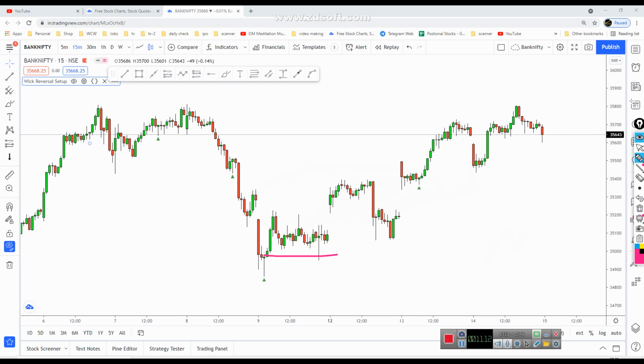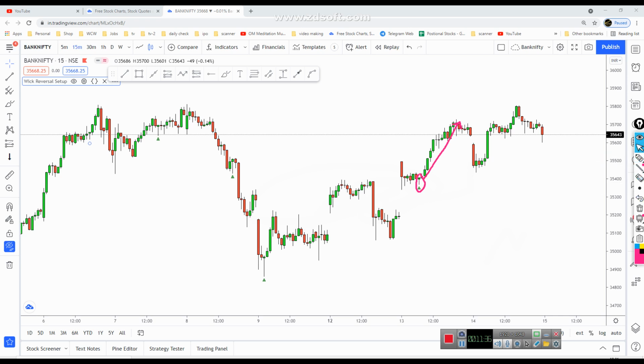When this high got broken, it reached here and you can book the profit. For the stop loss, usually you can keep it at the bottom, but if you feel the stop loss is too far, you can keep it at 50%. You have one more reversal candidate here. See how beautifully it went upside.